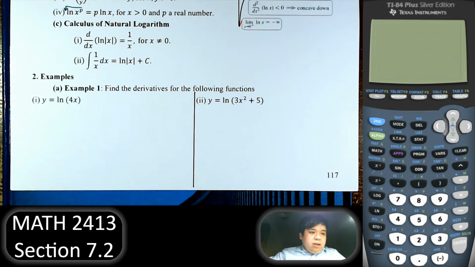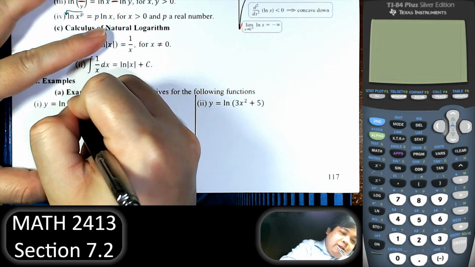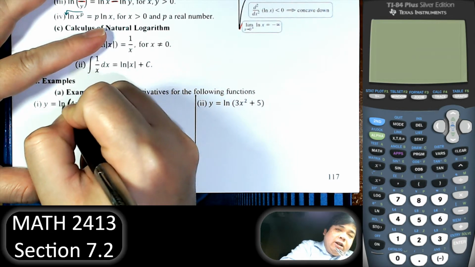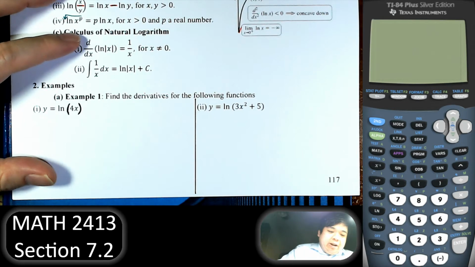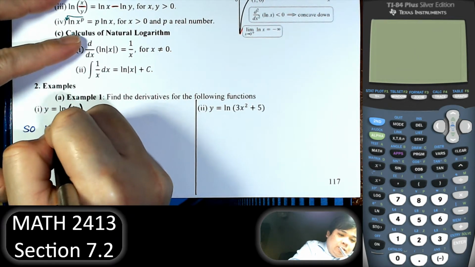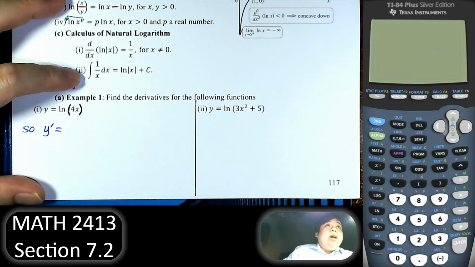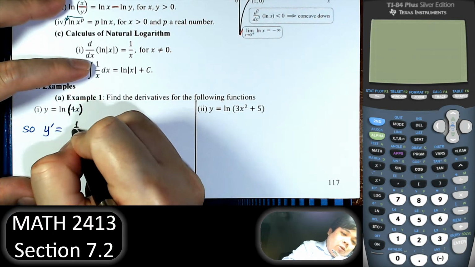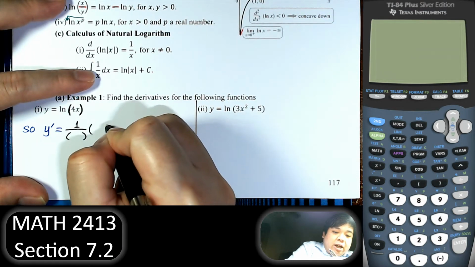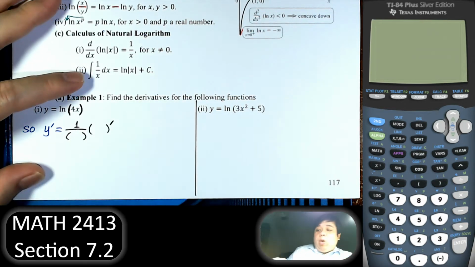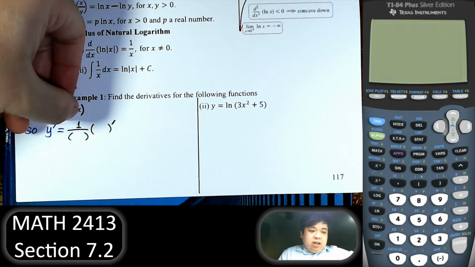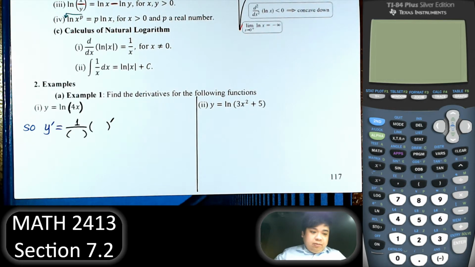So let's look at the first example. We have ln of 4x. The derivative, using the chain rule: ln of something gives the reciprocal. So just have 1 over the parentheses, and then the chain rule says multiply by the derivative of the parentheses, regardless of what is inside the ln, what the argument of the ln is.